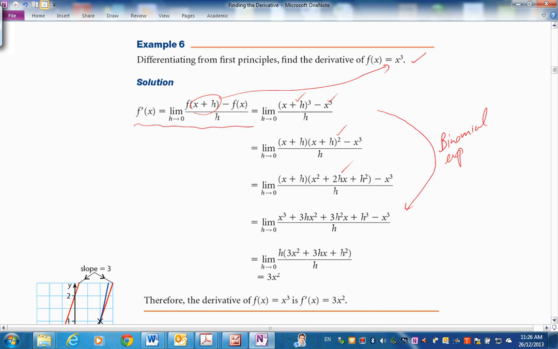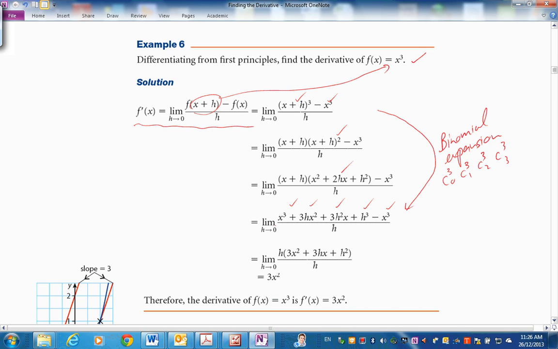Do you remember that from earlier work? This connection is explicitly mentioned in the IB course. Remember that? Pascal's triangle, or the C notation, C3 0, C3 1, C3 2, C3 3. Should be able to get these terms that way, and then take off x cubed.